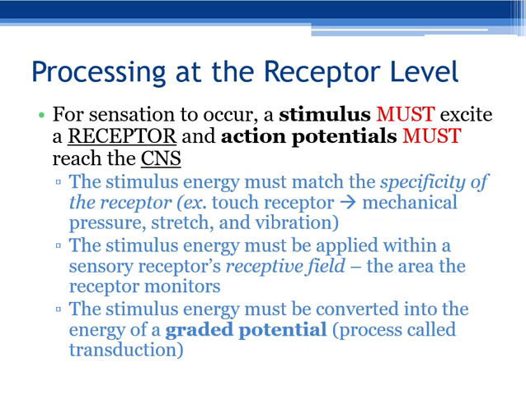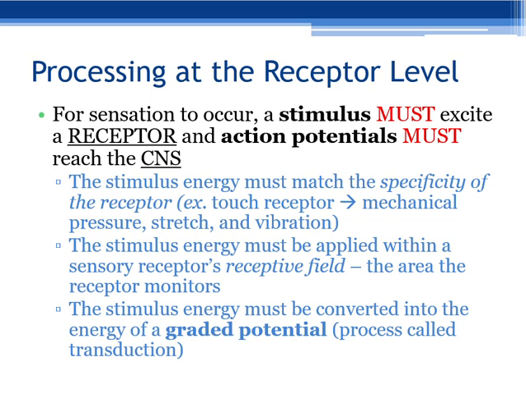So that stimulus energy must not only make it to the central nervous system, it has to first be specific to the receptor in the area where the stimulus occurs. For example, a touch receptor can only pick up on mechanical pressure, stretch, and vibration, not bright light. The stimulus energy also needs to be applied within an area where the receptor is, and that's called the receptive field. That's the area the receptor monitors.